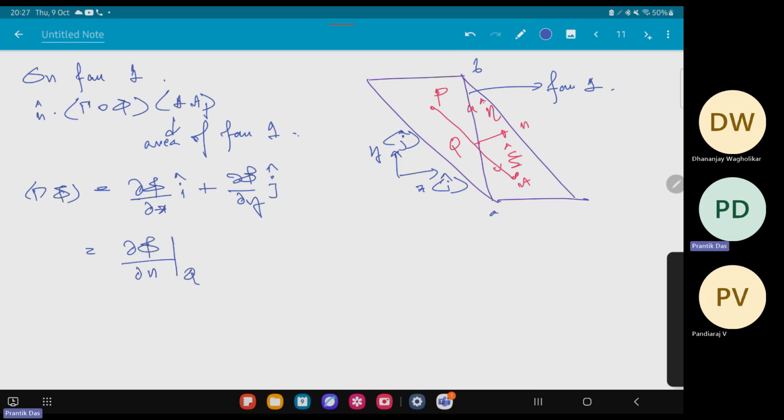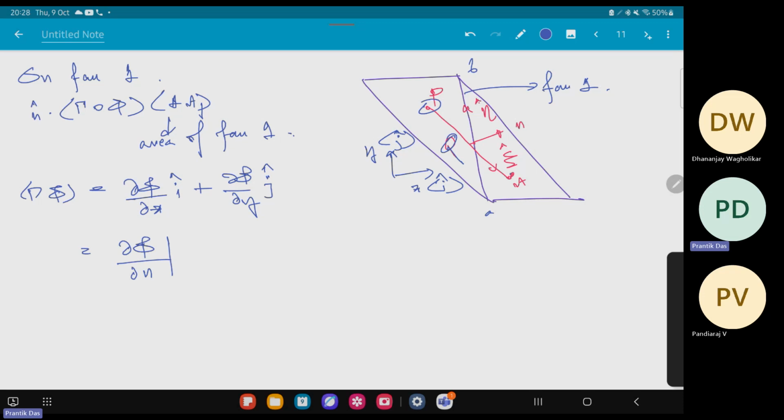So Q is my point over which I am writing it. So Q is basically the intersection between the line AB and also the line PA. So PA is basically the line joining the cell centroid P and cell centroid A, where P is the cell centroid of my interest and A is the adjacent cell centroid. So this is d phi dn n cap plus d phi d eta at Q e eta cap.